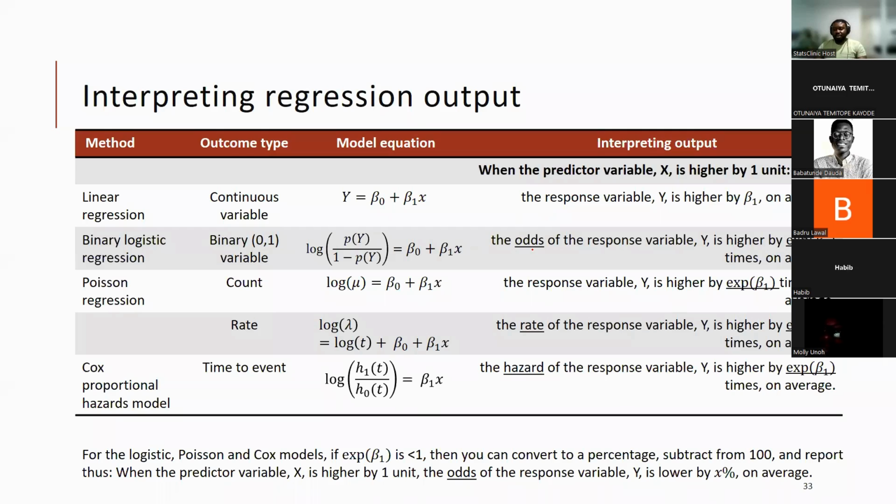So the odds of the variable is higher by, because now you're talking about multiples. In Poisson regression, now you're thinking about the mean, and here as well you have to exponentiate, so you're also talking in multiples. And the same thing in rate and the same thing in the Cox proportional hazards model. But once you understand all that we just went through in the first set, it'll be easy to translate that into this setting. And we went through this in the previous class as well.